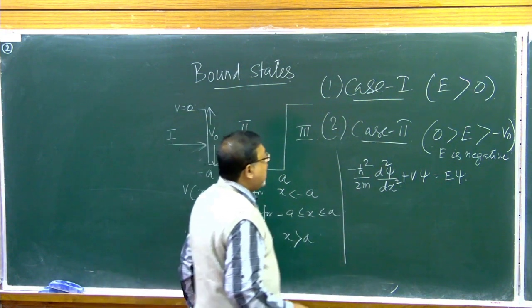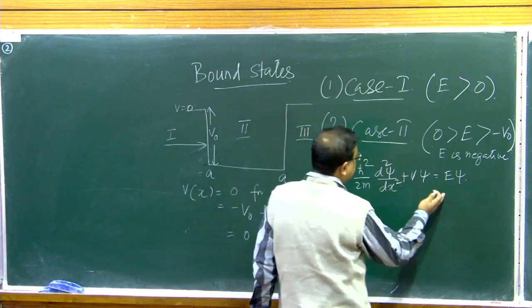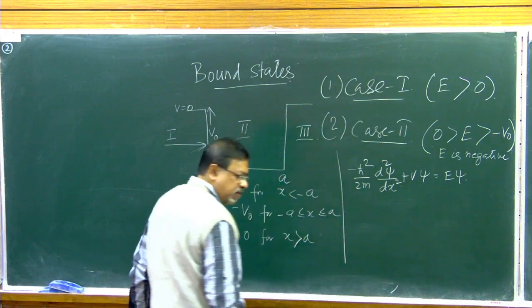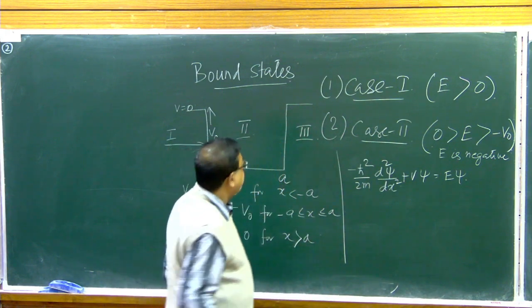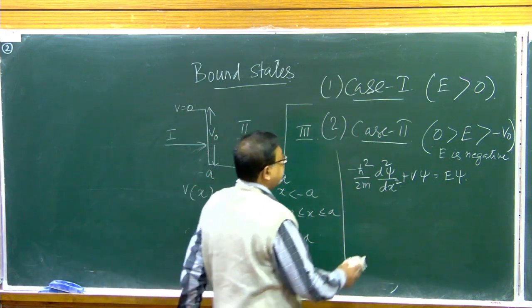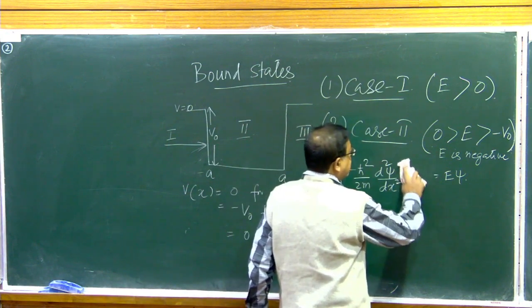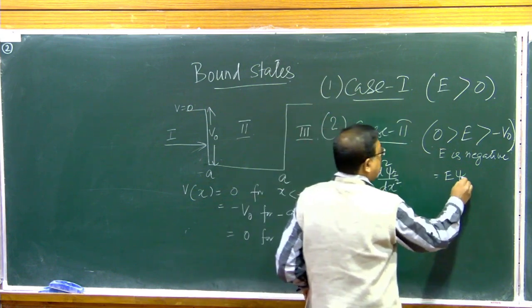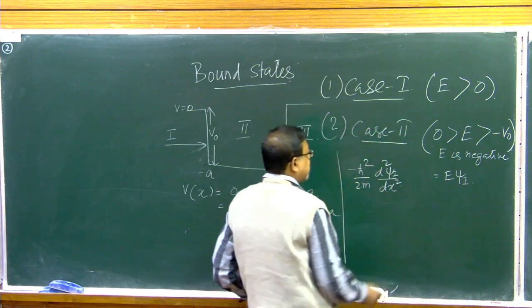Okay, and you can do the simplification if E is greater than 0 and if V is not there. For region 1, we'll simply write this as psi 1, E, and E is greater than 0.